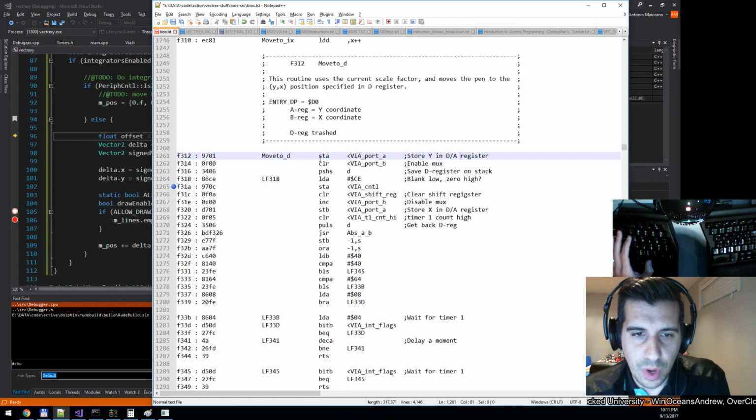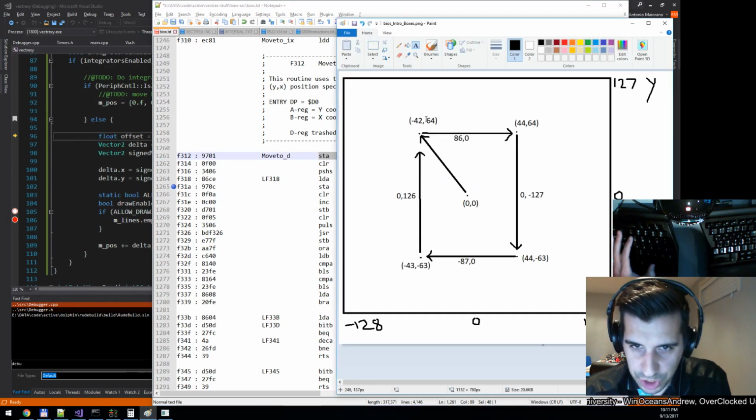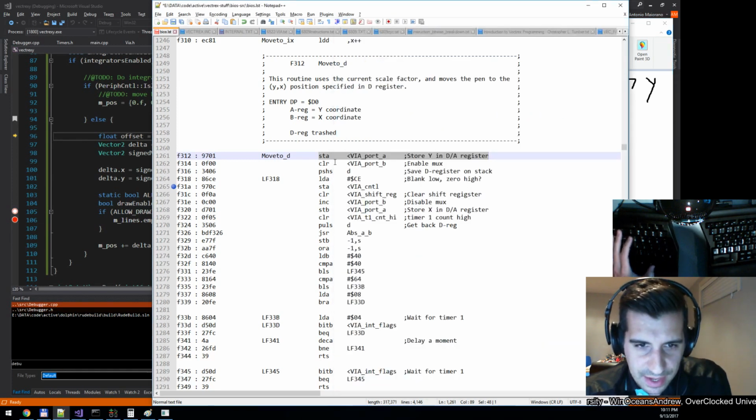No, so we stored y. Okay, that's where the 64 comes from. See, y was stored and y got the value 64, which is here. And then we enable the mux so that the y gets that value.